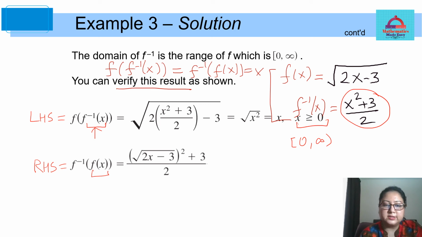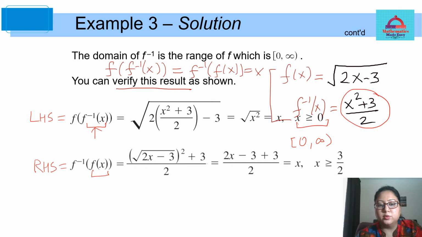So let me replace that, and this is (square root of 2x minus 3, squared, plus 3) divided by 2. That's what I'm going to get. Let me simplify. I get rid of the radical sign. It goes because you have the square here, and then you cancel your common terms, and that leads to again x in this case. So both the sides, left and right, are giving you the same value x.